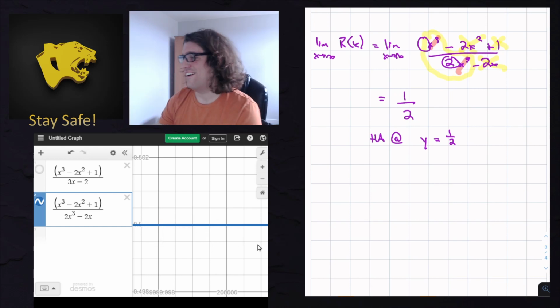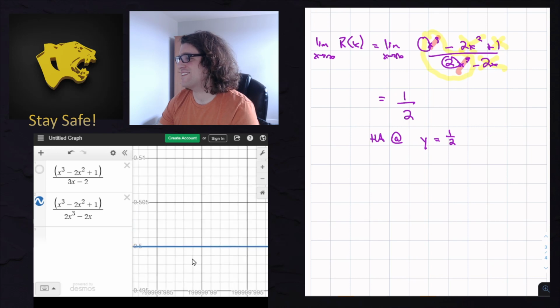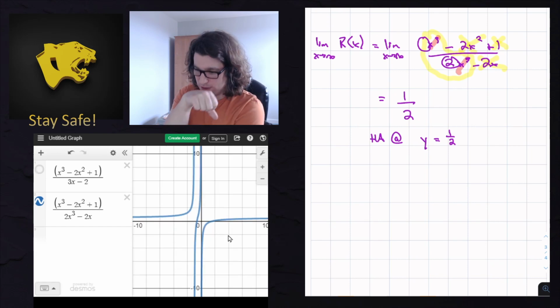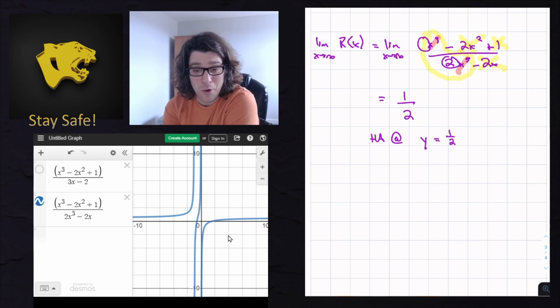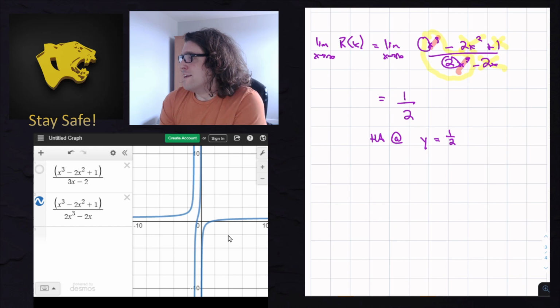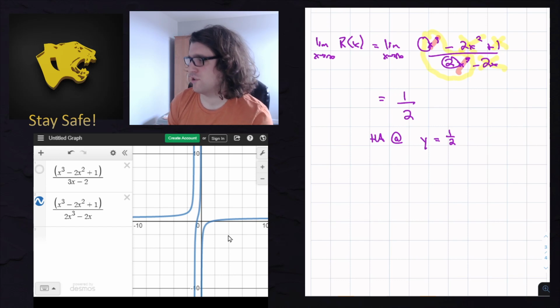It's not. It's not giving you quite enough precision to do that properly. So that's just one of the limitations of things that are being done graphically, is that at some point it runs out of decimal places to work with, and it's going to tell you that 0.4999999999999 is 0.5, and that's okay. So anyway, that looks good out that way, and it would look good the other way too.